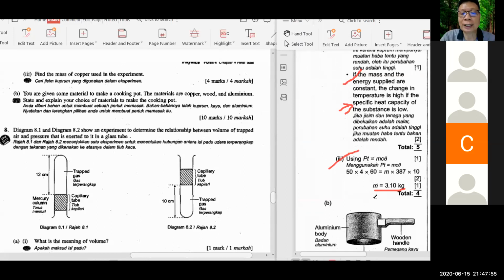Power given in the question, 50 watt. Time 4 minutes from the graph, change to seconds. You are asked to find the m, specific heat capacity of copper 387, theta change in temperature 10 degrees, shown in the graph right now. So you get this answer now. Okay, got it.